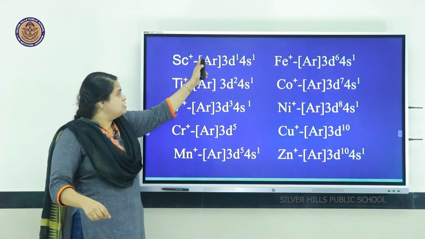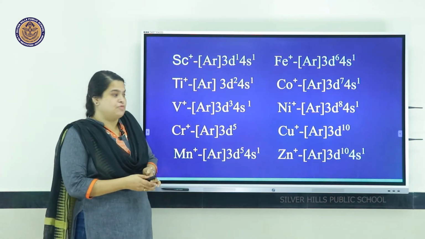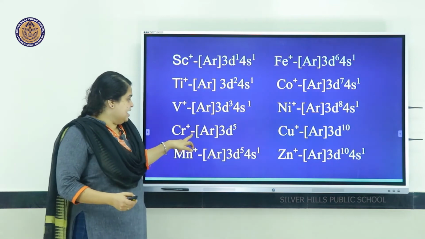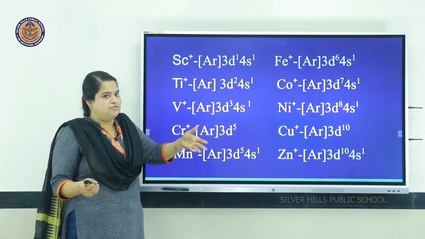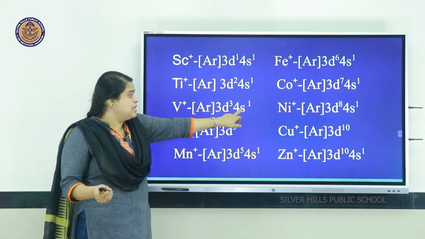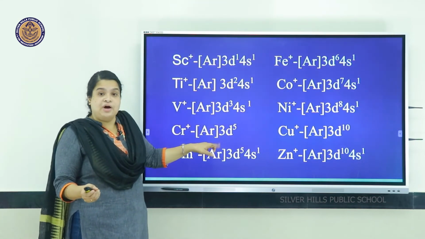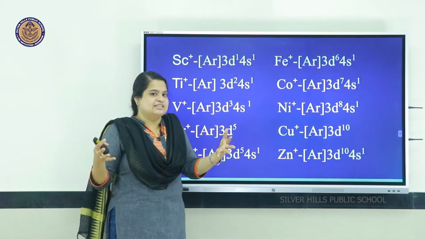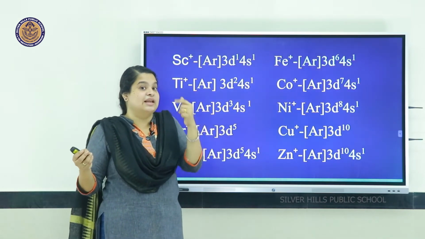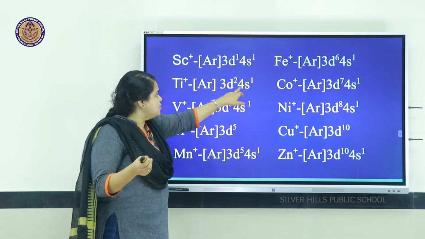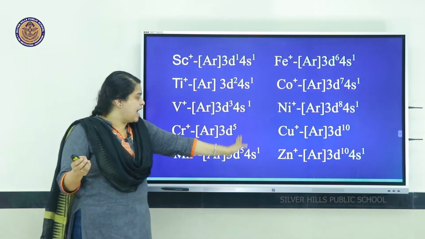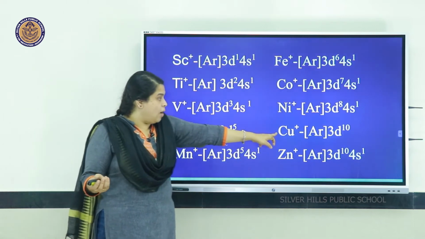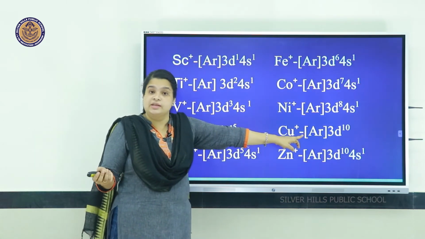So now move on with the electronic configuration from scandium to Zn. See in chromium, Cr plus, it is having half-full stability. More than 4s, 3d5 is stable. Why? It has an exchange energy, an extra stability. Similarly, when you reach copper, it is having 3d10. All the others are having 4s1, but copper plus is having 3d10 in the outermost.